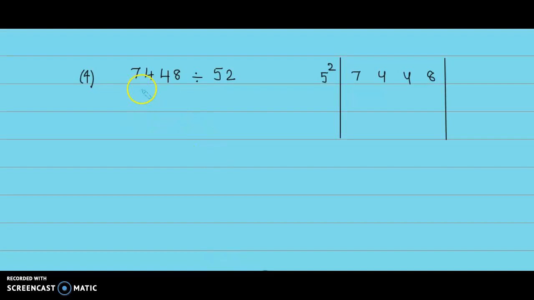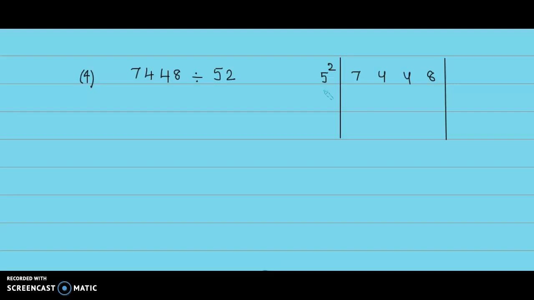Here we have the next question where 7448 is to be divided by 52. So again in the same manner, so as you can see 52 is written, 5 is in the bottom and 2 is on the top. As we can see 7 is greater than 5, so in this case we don't need to take 2 digits at a time.